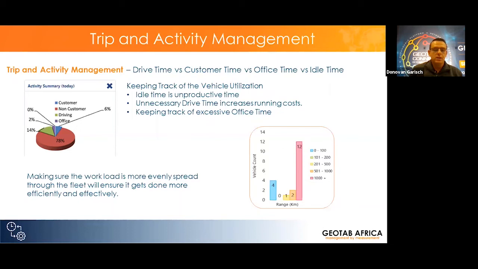Ideally, what you would want to see is mostly driving and customer visits on the report. And if there are excessive non-customer visits, this is an alarm bell that should be raised. Other reports to consider may be things like distance traveled in a certain time period, customers that are keeping your vehicles there for a long time, driving duration during the day, and customers with the most stops recorded.